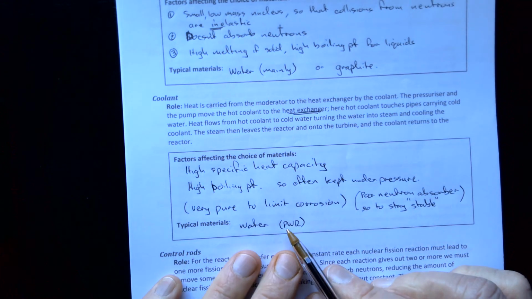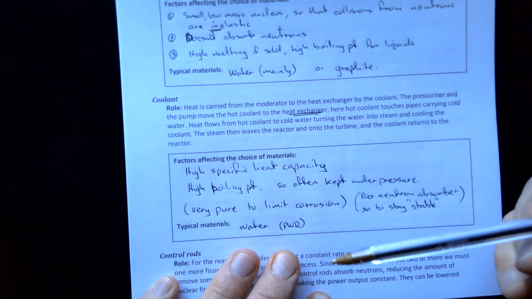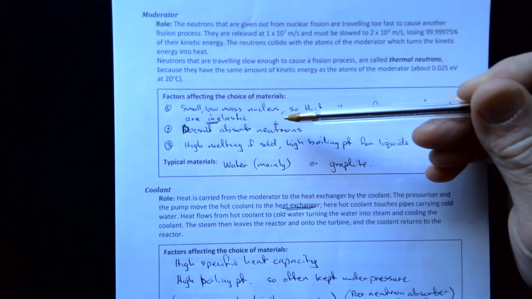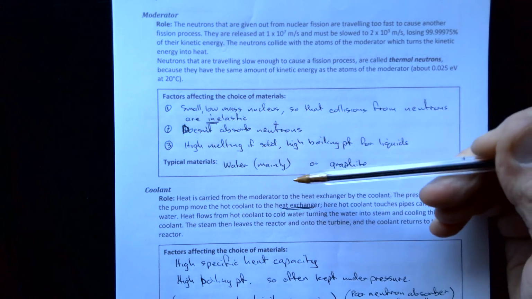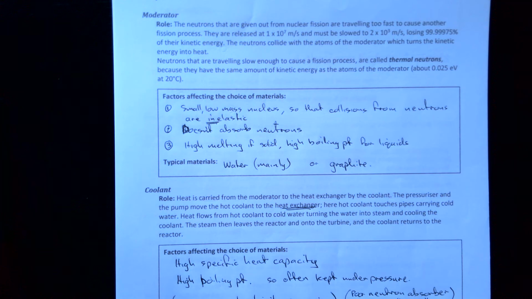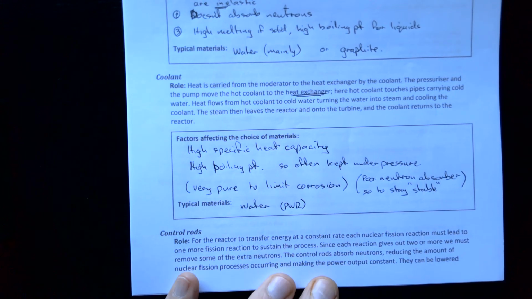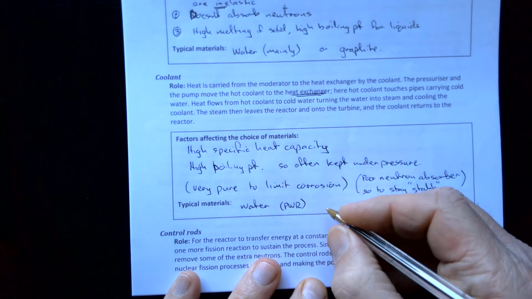But even better, it not only acts as a coolant, it acts as a moderator as well. So it's actually doing two roles, which means you can make the design of your reactor much simpler and smaller, more compact.